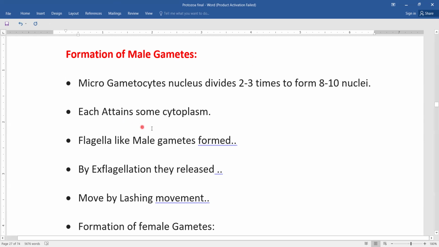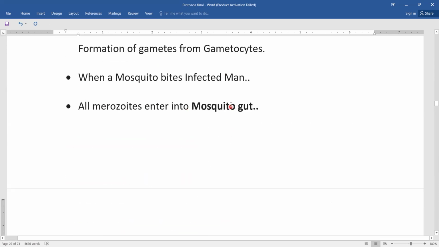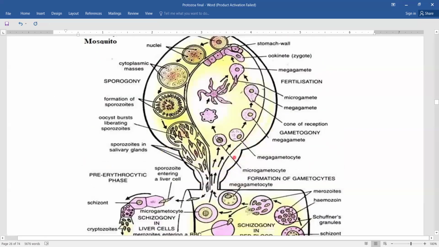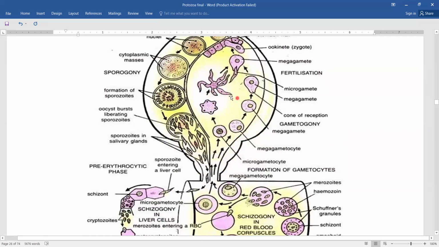Each nucleus acquires some amount of cytoplasm. Then flagella-like structures are formed from the periphery of the microgametocyte. So each nucleus enters into each flagella-like structure.